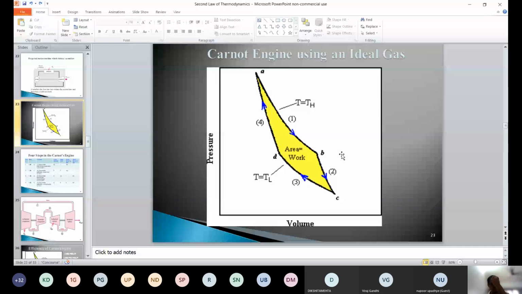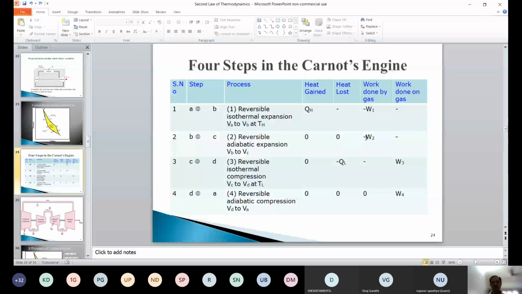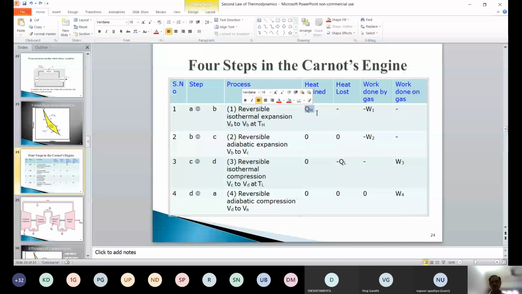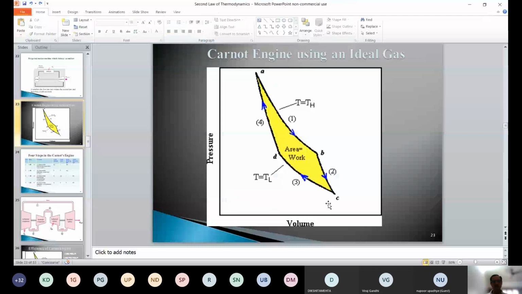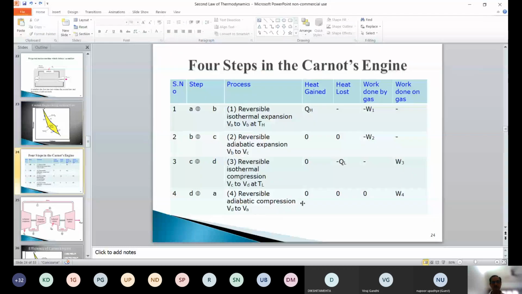P is inversely proportional to volume. PV is equal to RT. If the pressure reduces, then only volume can increase. So the heat gained is QH. Work done by gas is minus W1, it says. Let's not worry about that. Let's look at these steps.